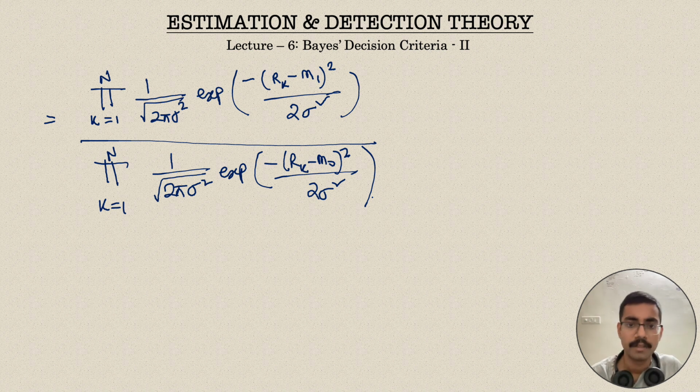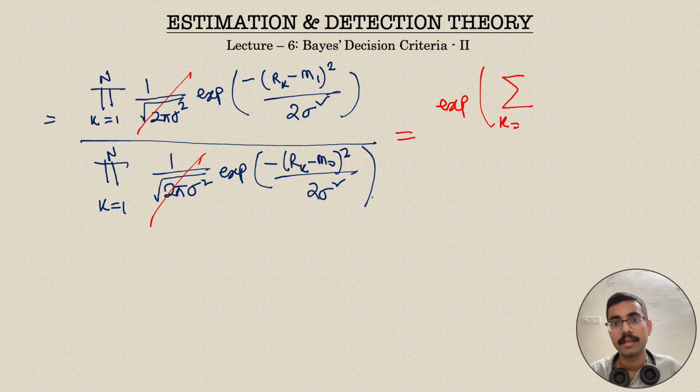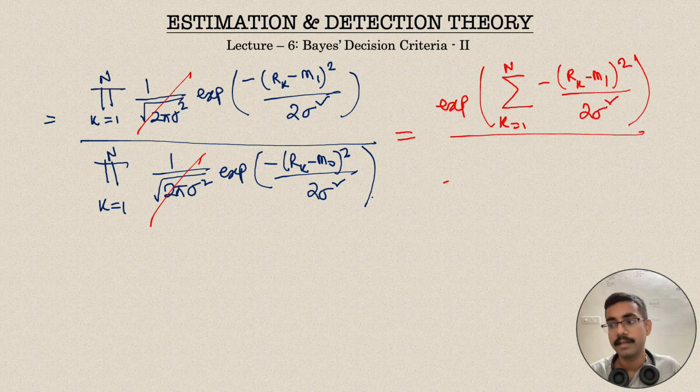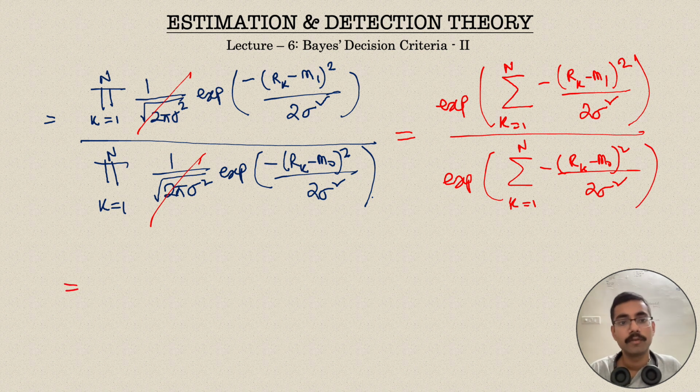Let's just solve it. Okay, so this gets cancelled out. As you know, this is an exponent, so all these terms will get summed up. Basically the product will be a sum in the exponent. So we'll have exponent of the sum for k equals 1 to n of minus rk minus m1 whole square by 2 sigma square, divided by exponent of the summation for k equals 1 to n of minus rk minus m0 whole square by 2 sigma square. Once again, two exponents are divided, so we can subtract them.